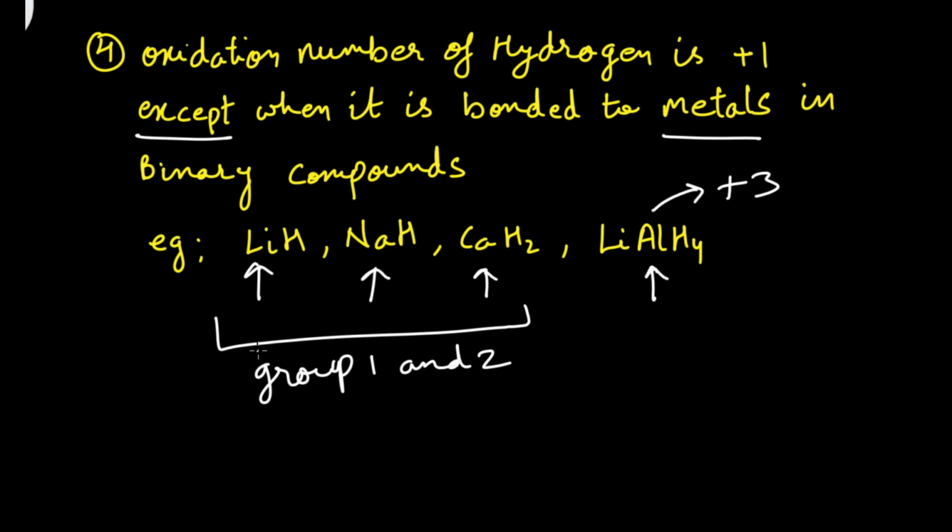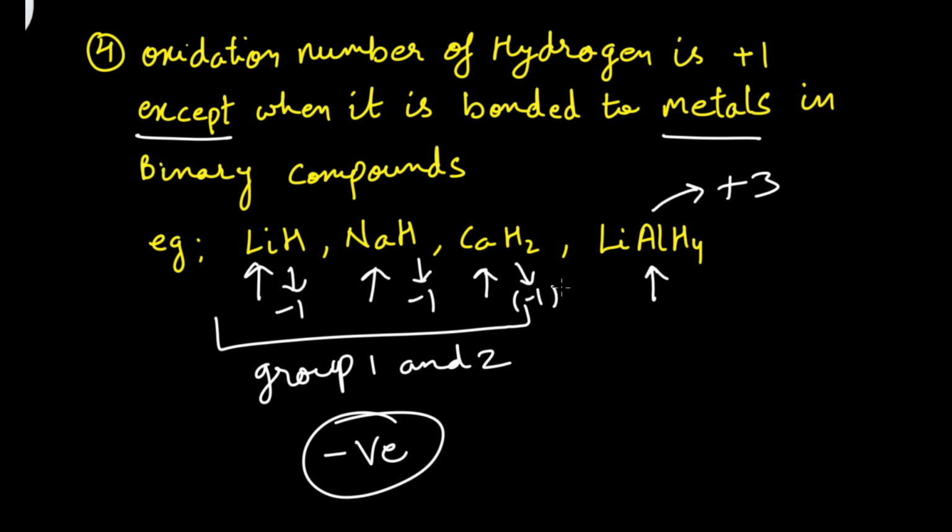But you know that when hydrogen is combined with group 1 and group 2 elements, it will show negative oxidation state. Remember this one. In this case, lithium hydride, the hydrogen will have a -1 oxidation state. For calcium hydride, -1 into 2 oxidation state. Why? Because there are two hydrogens. So when hydrogen is combined with group 1 or group 2 elements, it will show negative oxidation state, right?